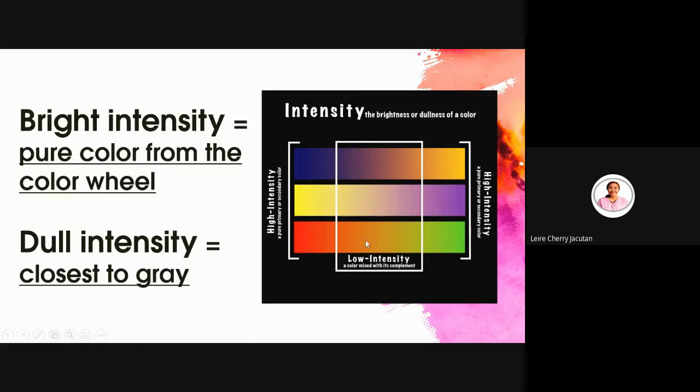Kung gusto nyo maka-invento ng mga panibagong kulay or magbigay ng panibagong impact yung mga artworks na ginagawa nyo, instead of adding black or white or mixing pure colors, try to add gray dun sa mismong kulay na gusto nyong gawin. And then mas makakapag-produce kayo ng ibang effect dun because of the use of saturation.